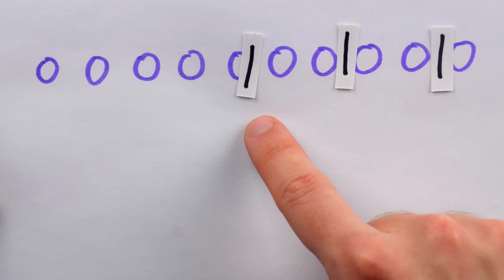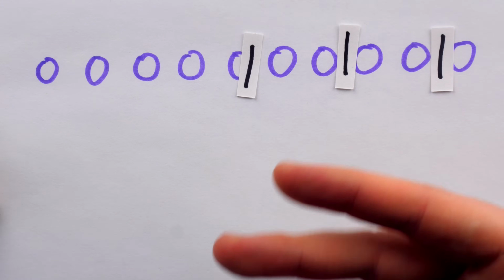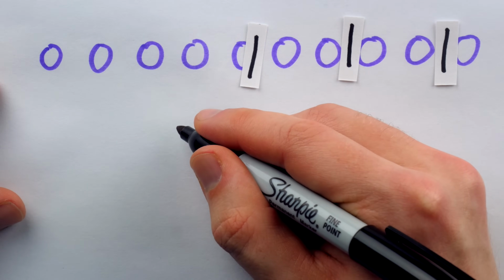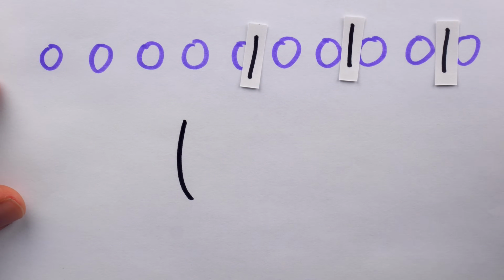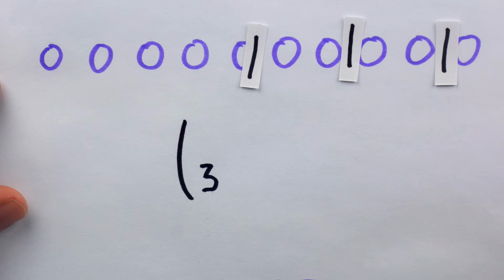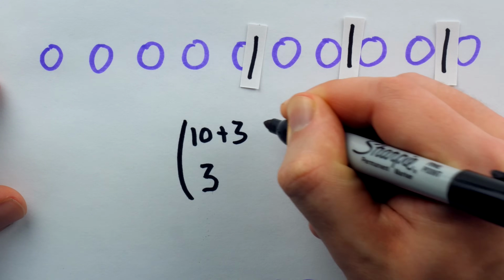So a sequence of 3 sticks and 10 balls is going to describe a distribution of chicken wings among the men. Hence, to count all possible distributions, we simply need to ask how many ways there are to choose 3 spots for the 3 sticks from our sequence of 10 balls plus 3 sticks.